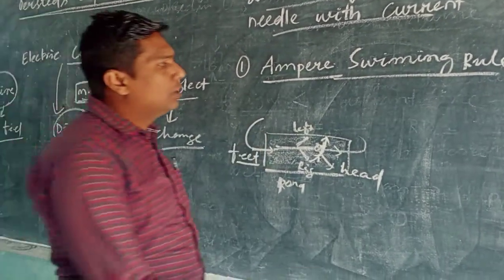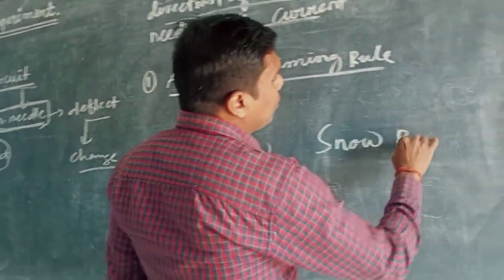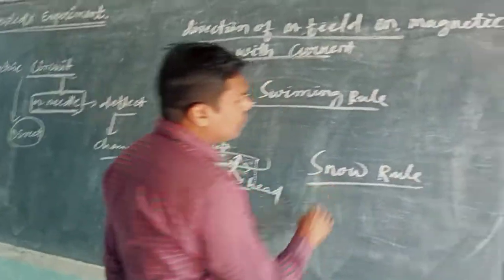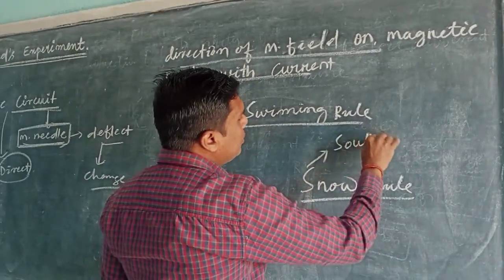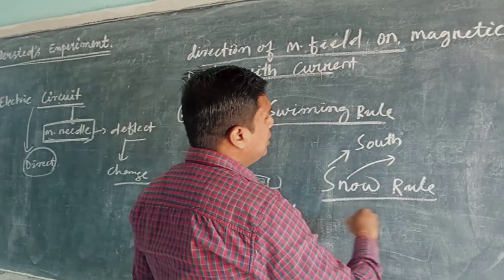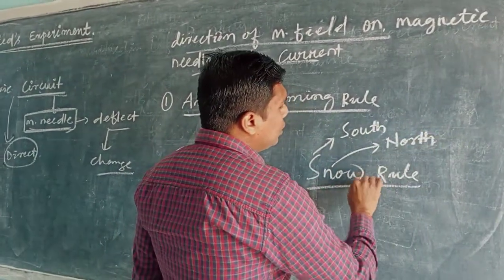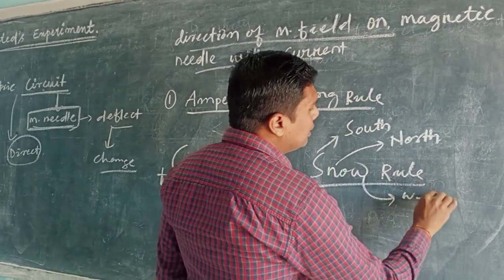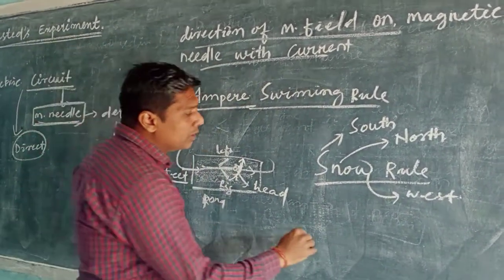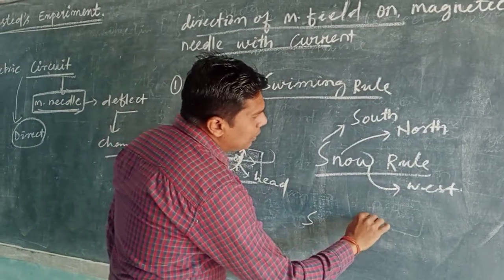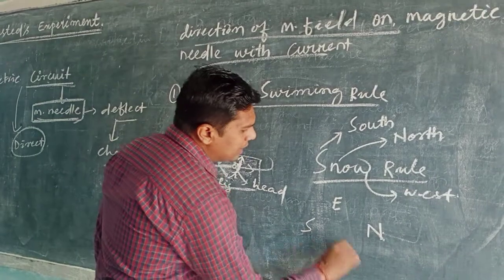Another is known as the SNOW rule. What is the SNOW rule? S means south, N means north, and W means west. So in this case, suppose this is south, north, east or west.